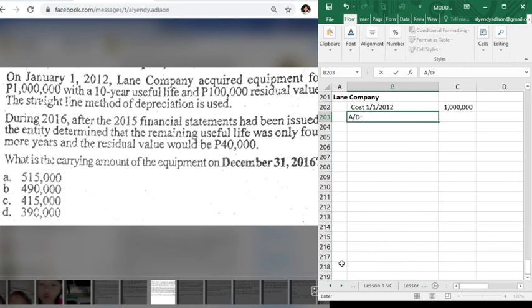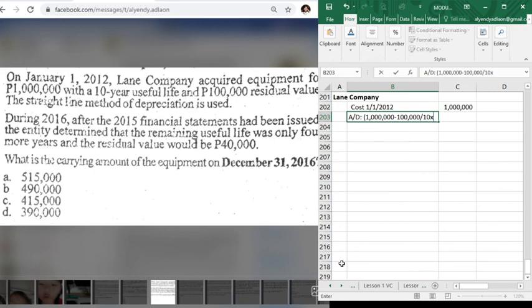We have 1 million minus the residual value of 100,000, that is 900,000, divided by 10 years, and then multiplied by the number of years that have passed, because this is accumulated.